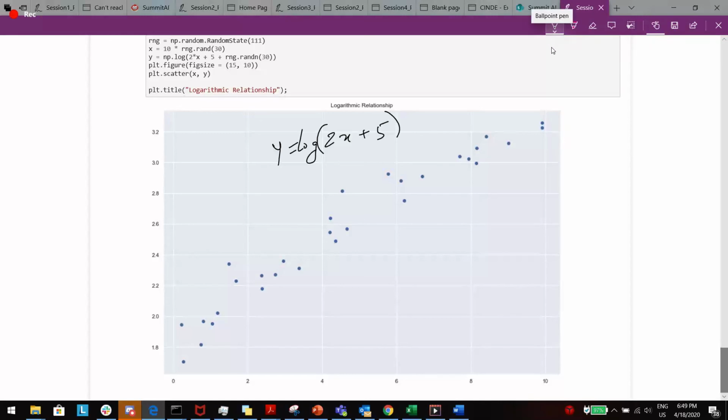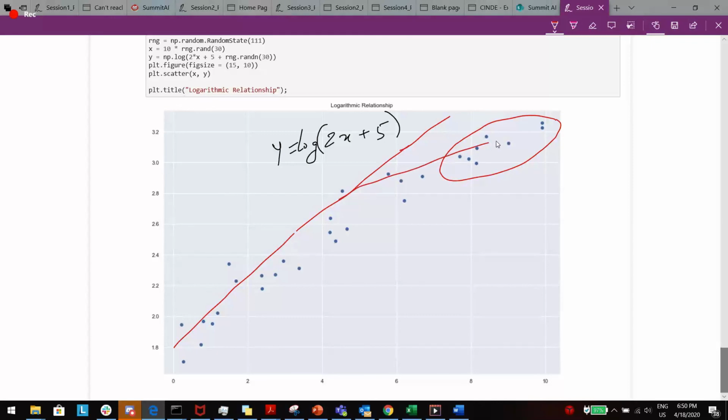Let me try the traditional curve fitting process, assuming it is a linear function. This is what I have given as the best fit line. But if you see, these are points which are not covered; it should have been something of this sort rather than this one. So this is not the right way to do it.